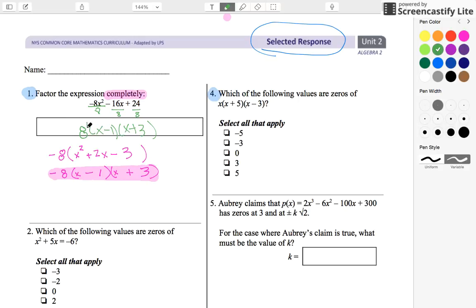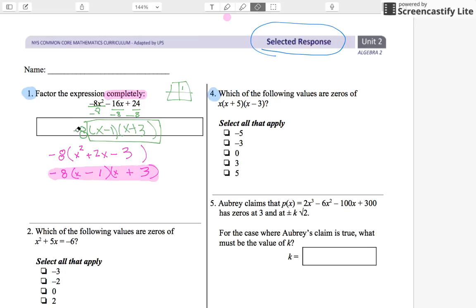Because if you multiply x minus 1 times x plus 3 with your box method, you're not going to get 8x squared minus 16x plus 24, and this should be negative. You're not going to get back to the original trinomial. If whatever answer you put right here gives you back the original, then it works. If not, it obviously is not the correct answer. Also make sure it's factored completely, meaning there are no leftover numbers that can be factored out. Okay, so your final answer is the one in pink.